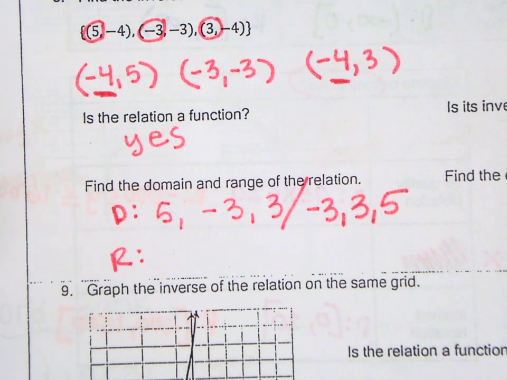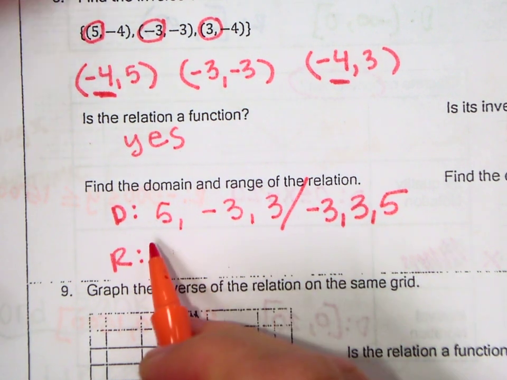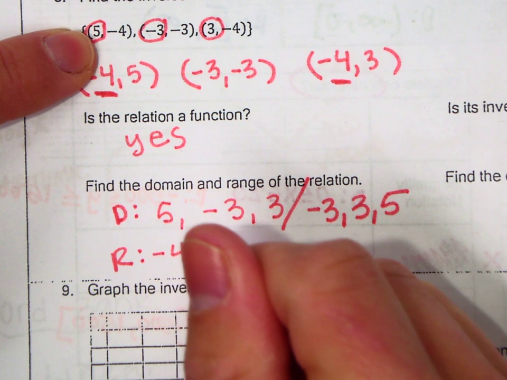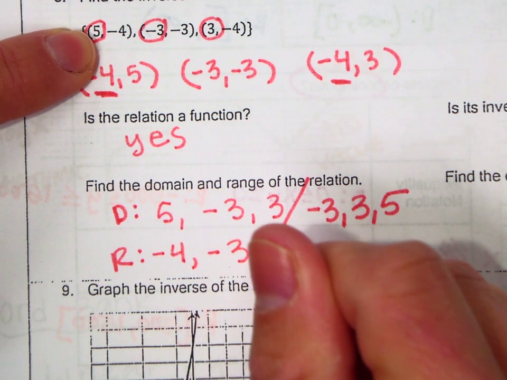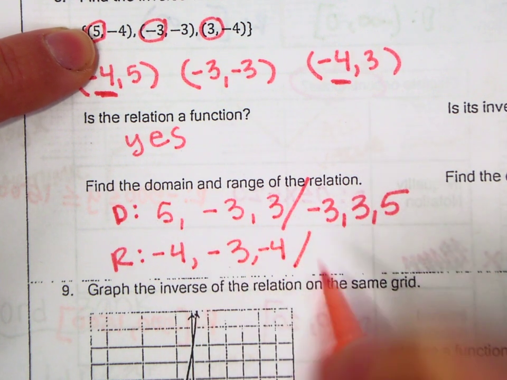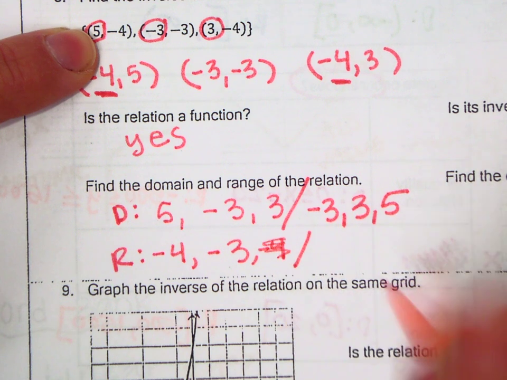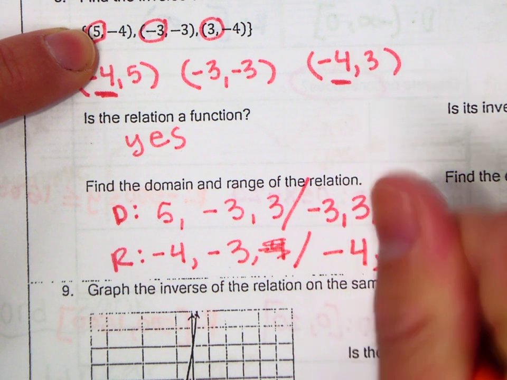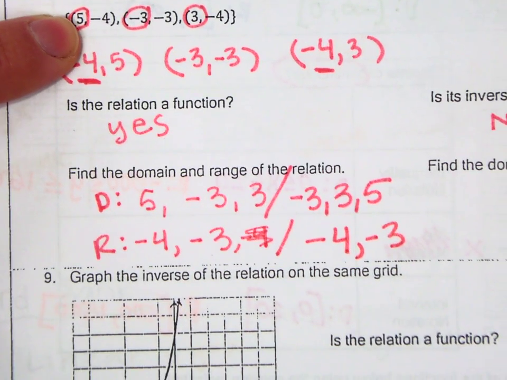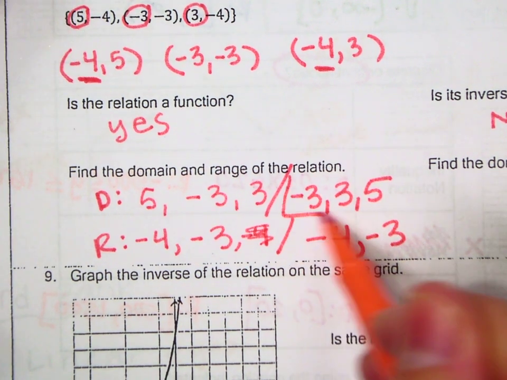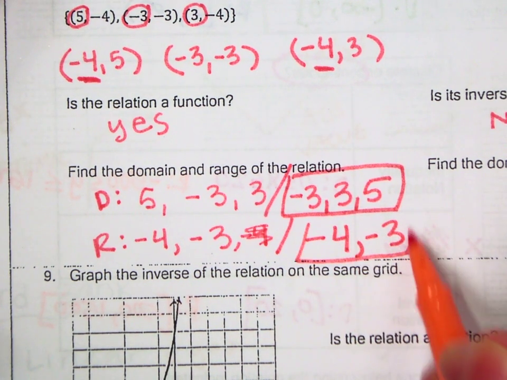But it's basically the same thing. The range is going to be the y values. So I have negative 4 and negative 3 and negative 4. Now we do not need to write negative 4 twice. And so your range is just going to be negative 4, negative 3. All right, so these are your final answers for the domain and the range.